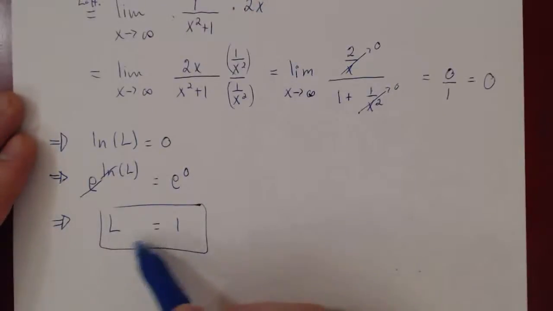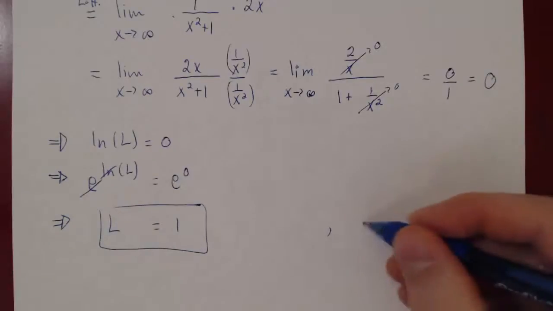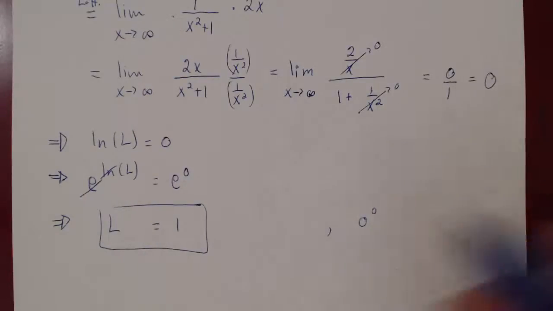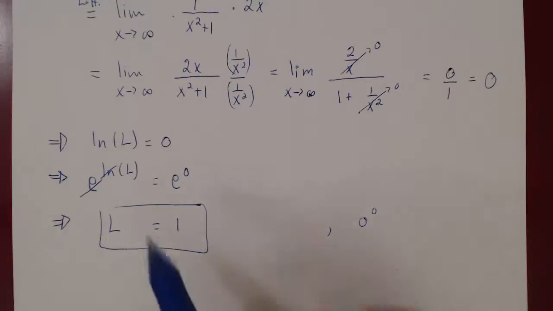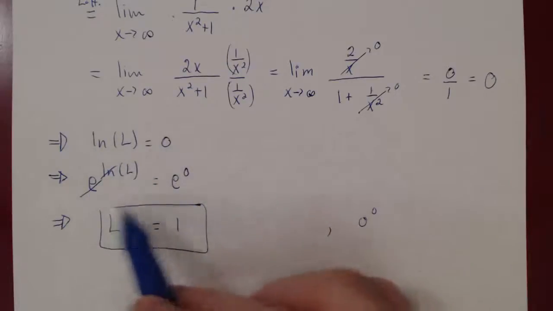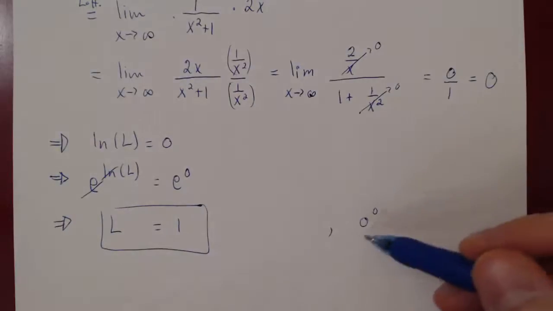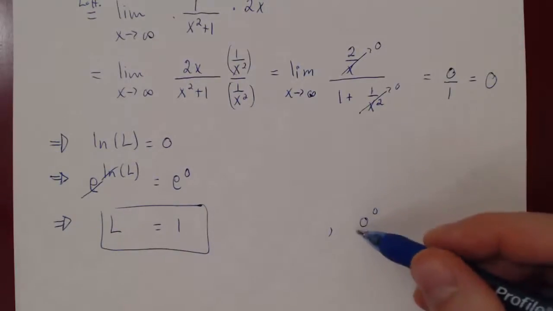And here we had a limit of 1. And as I said before, if you have a 0 to the 0 case, do the same thing, take the ln, and then find the limit with L'Hopital's rule. In the end, don't forget that what you have is the ln of the limit, so exponentiate and solve for the original limit.